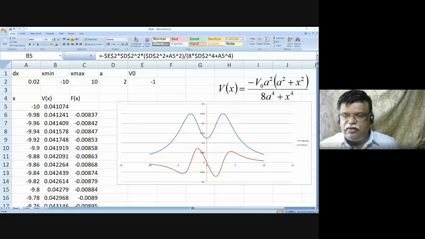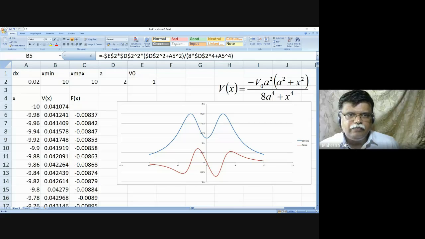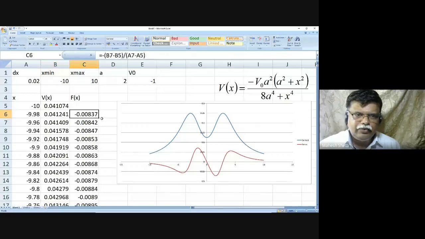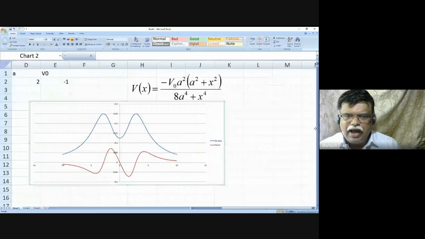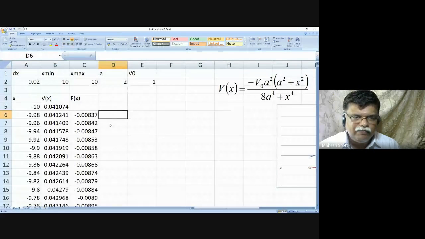Any question? Can you please try the double derivative of V of x? Okay, this is the first derivative that I'm talking about. If I want to calculate the second derivative, I can use a simple rule: I can calculate the derivative of the derivative.